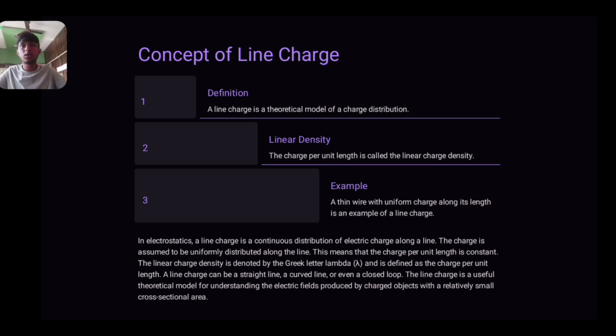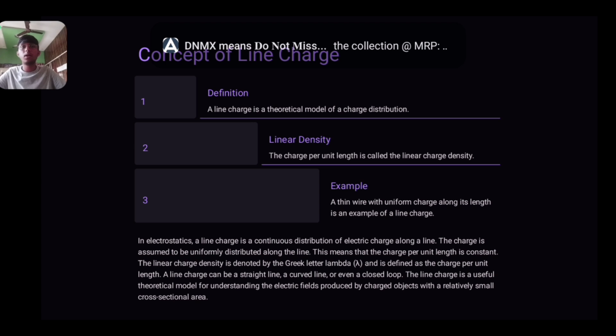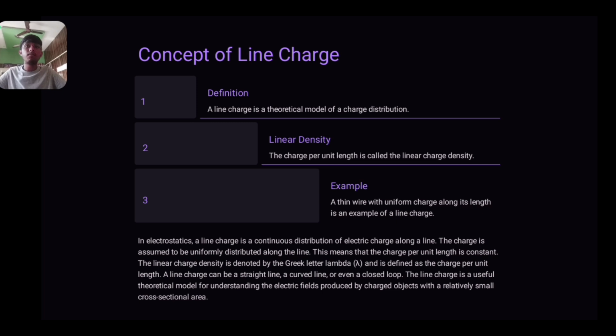First, one-dimensional: a line charge is defined as a charge distributed uniformly along a straight line of finite length. Then charge density: line charge density refers to the amount of charge per unit length along the line. Electric field: the electric field due to a line charge is radial and symmetrical about the line.